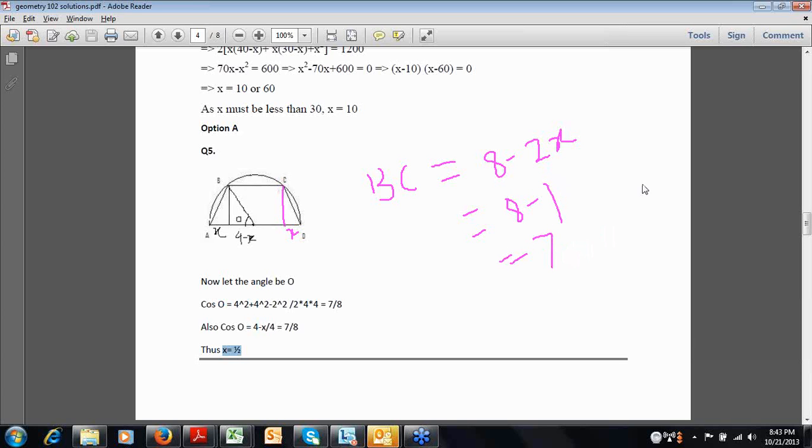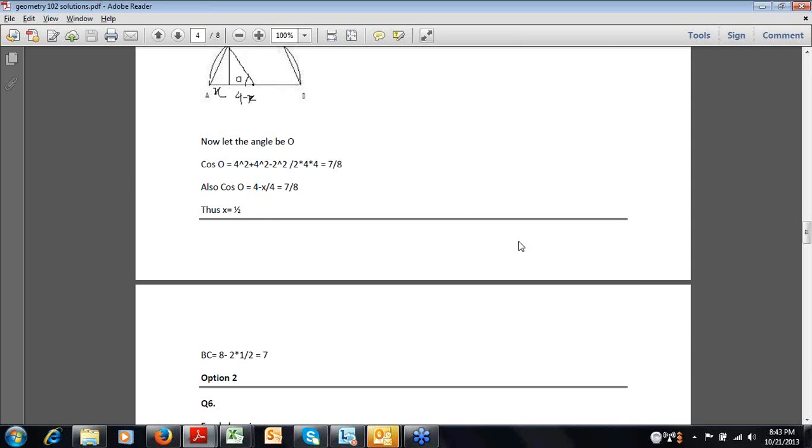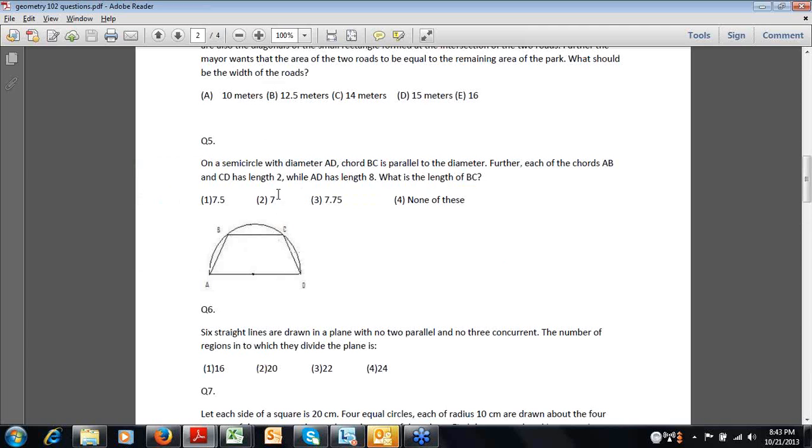We have option 7, which is option number 2. We'll go ahead and mark that option.